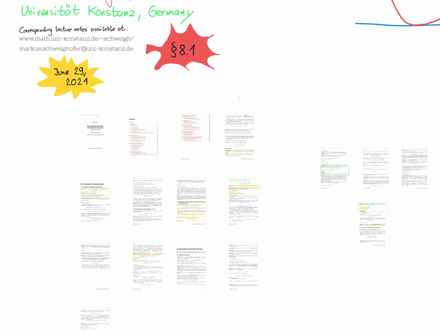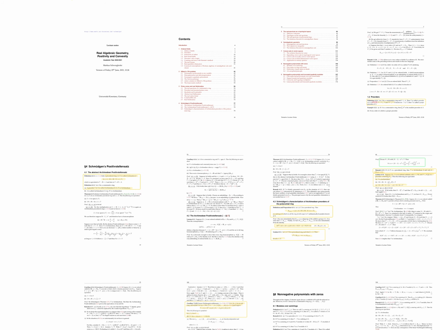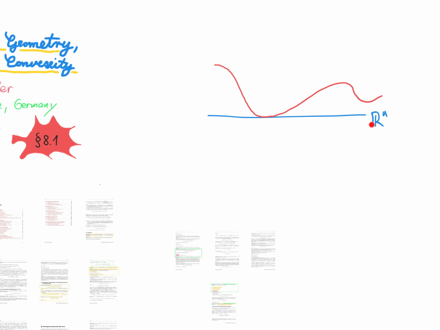So this certificate, the first one we had learned about was if you have just non-negativity on R to the n. The first certificate for being non-negative we had learned about is that every non-negative polynomial is the sum of squares of rational functions.